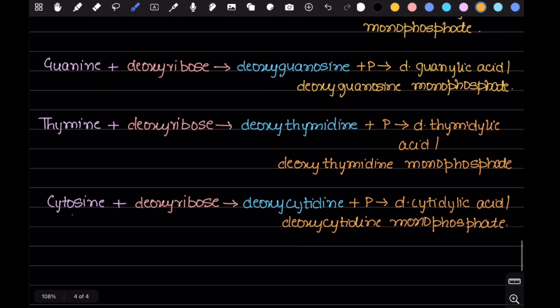The next one, cytosine, is the nitrogen base. Then the nucleoside which is formed is called deoxycytidine, and if we add a phosphate group to the deoxycytidine, it forms a nucleotide which is called deoxycytidylic acid.